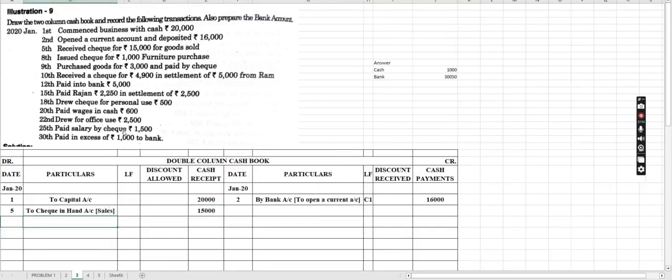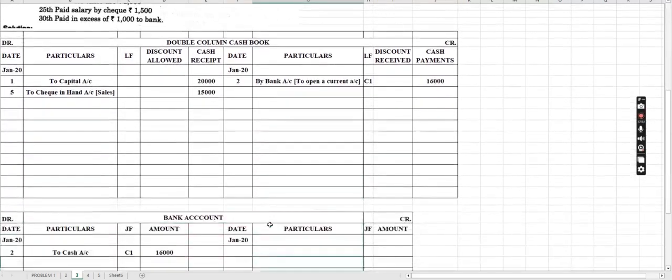Okay. Next. On 9th, purchase goods for 3,000 and paid by check. So goods is purchased and paid by check. Directly go to bank. On 9th, by purchases. In bracket you can say goods purchased by issuing a check.